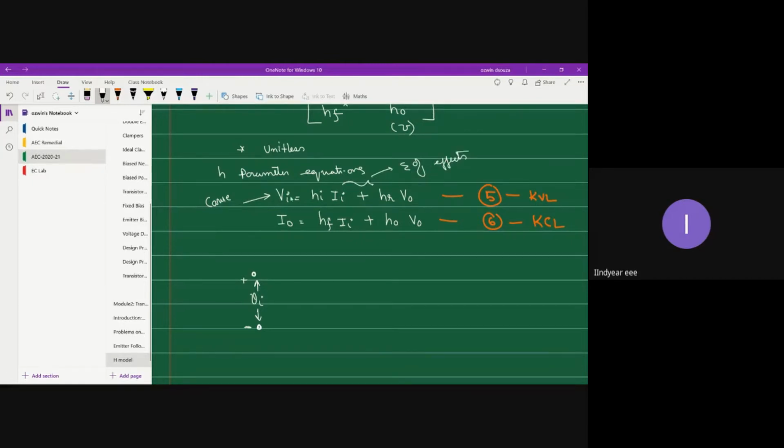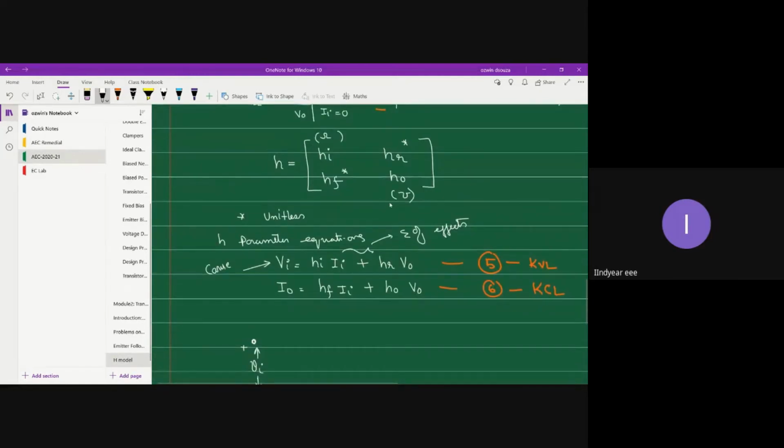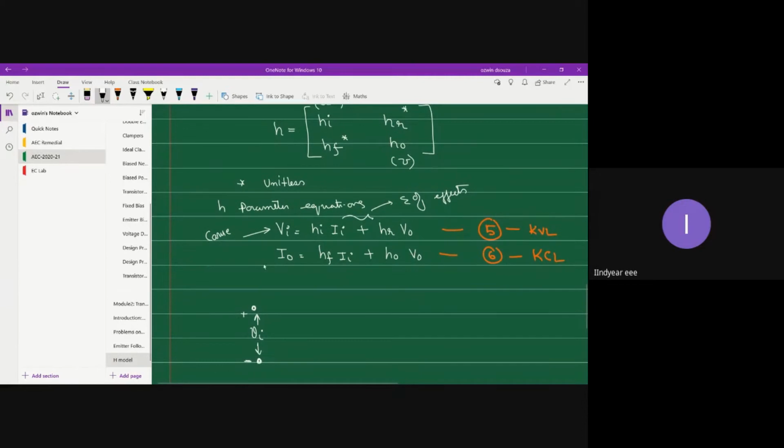That is, voltage is equal to current into impedance plus HR into V0. HR is dimensionless, as I have already told, I have put a star. They are unitless. So you are just multiplying some unitless number with V0. So again, this product becomes voltage.